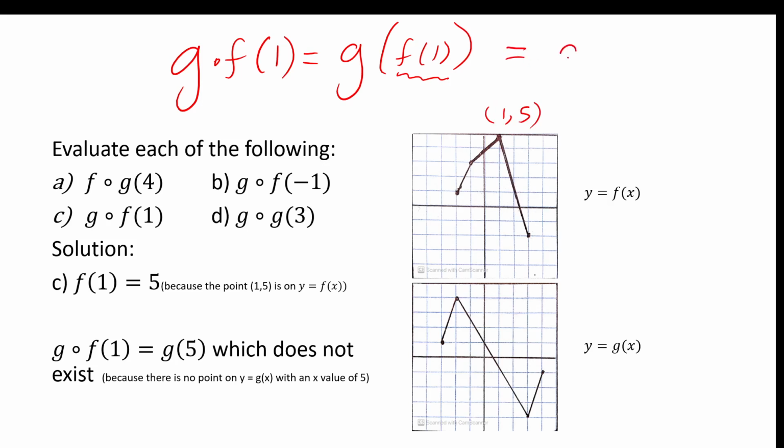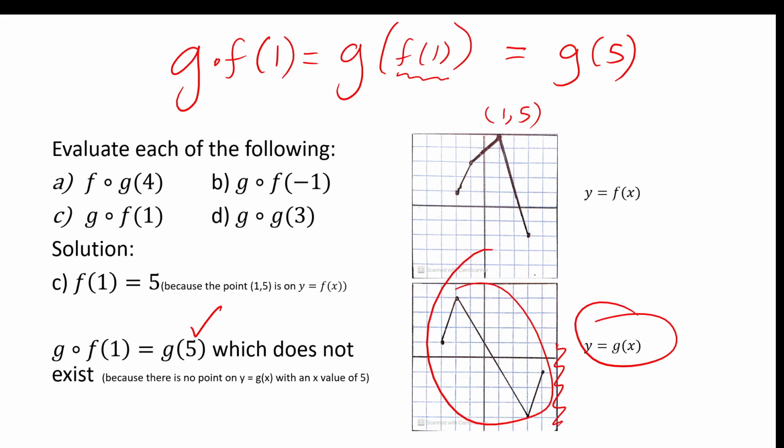So instead of g of f of 1, we'll call it g at 5. That means we look on the g function for an x-coordinate of 5. Well, an x-coordinate of 5 is way out here, but this function doesn't go that far to the right. And so it does not exist.